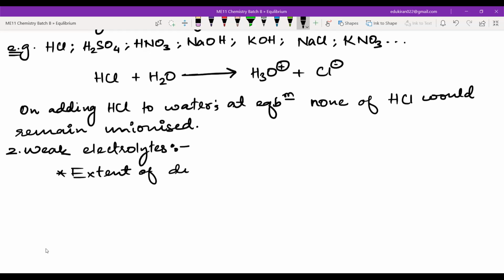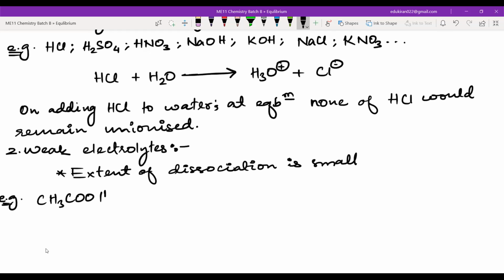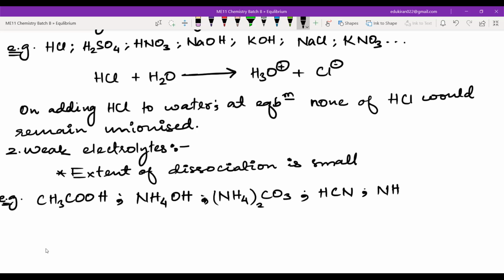Some of the examples will be organic acids such as CH3COOH, acetic acid or ethanoic acid, NH4OH, or (NH4)2CO3, next is HCN, NH3. So all of these are examples of weak electrolyte.